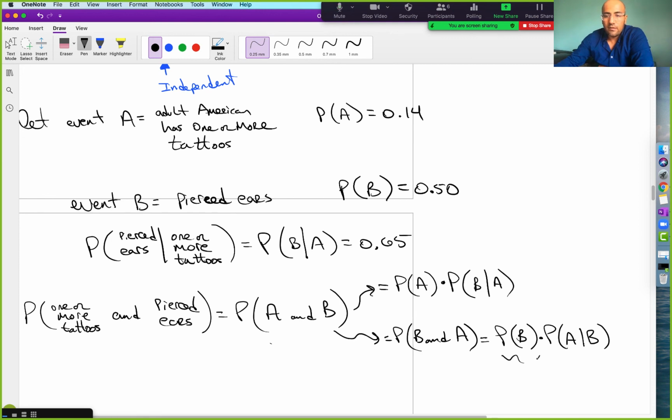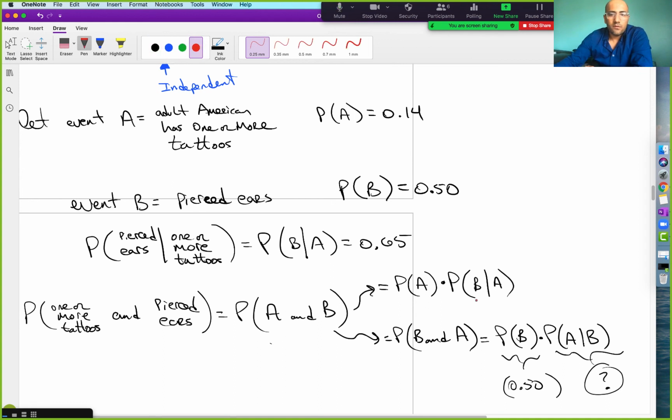This is going to be the probability of B, which was the pierced ears, equal to 0.50 times, oh, sorry. We don't want that. We want this one. Probability of A given B, we don't have that. We have the probability of B given A. So we have this one actually.